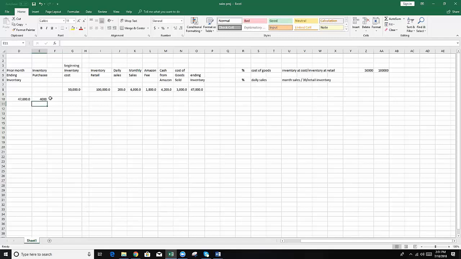Now to add those two together: D10 plus G10, E10.